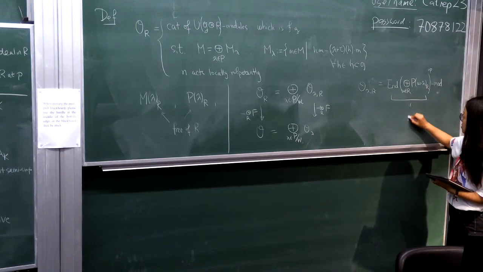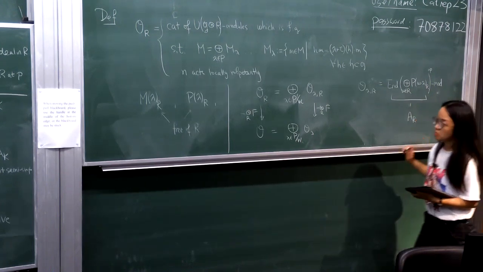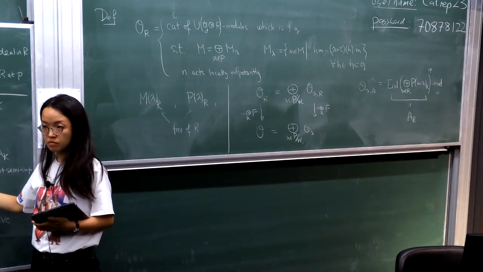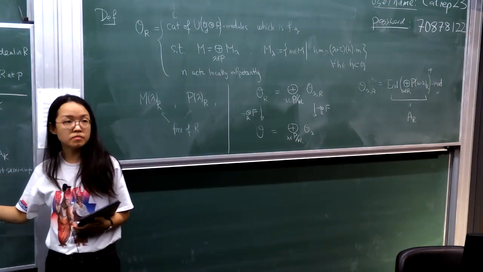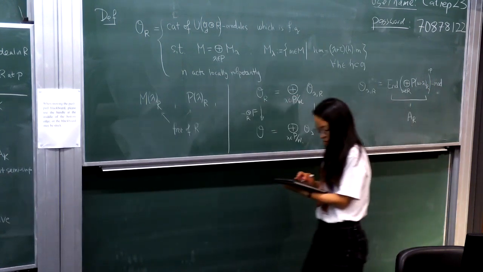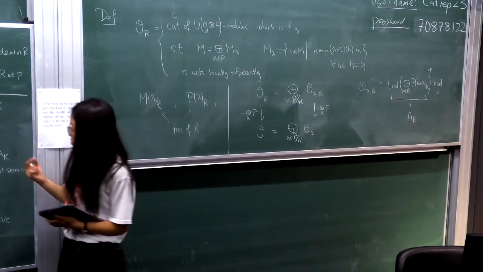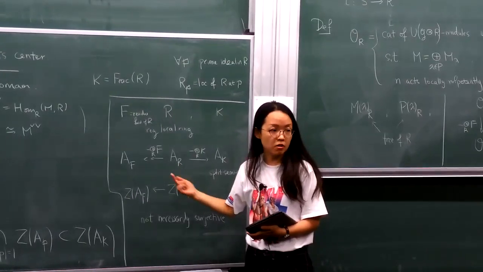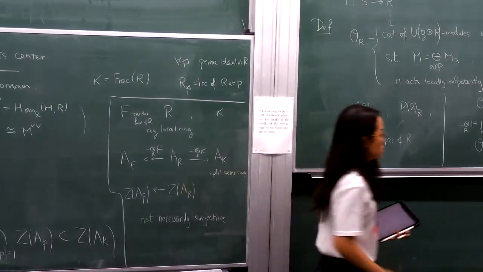And so this really provides you an algebra like this. So now we're interested to know the behavior of A and localization of your R.